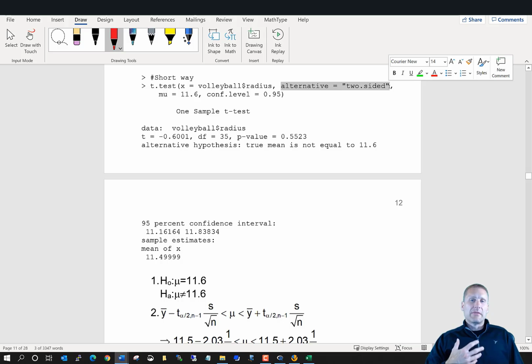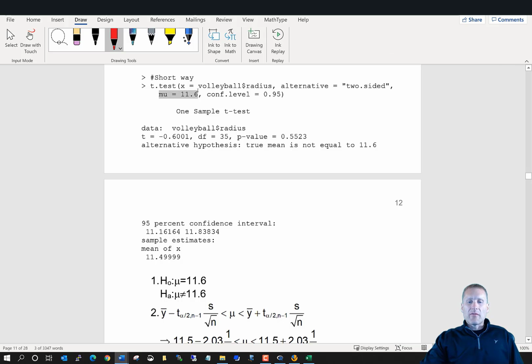Once we talk about one-sided and two-sided, we'll talk about another way to do hypothesis tests, and it will make sense why I call it two.sided here. But for now, two-sided means exactly the same thing as two-tail. It's just the terminology that R uses.